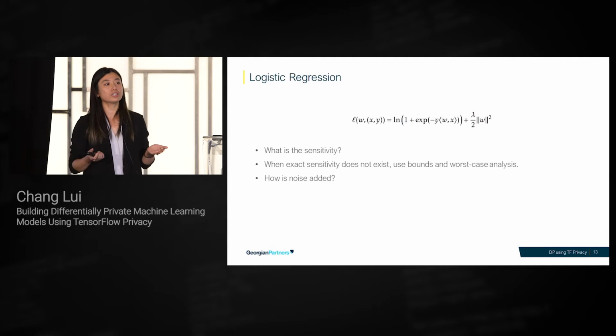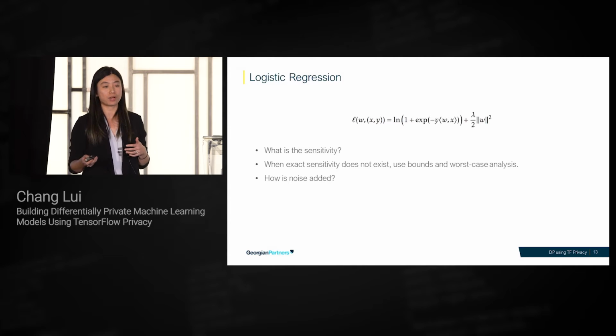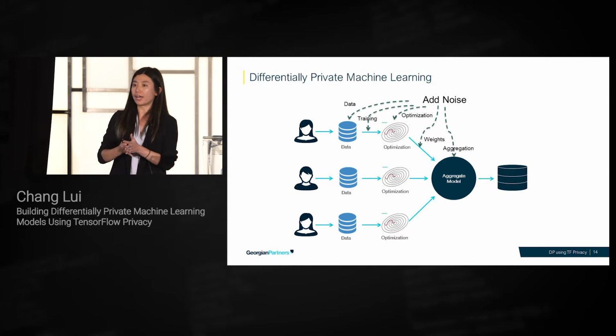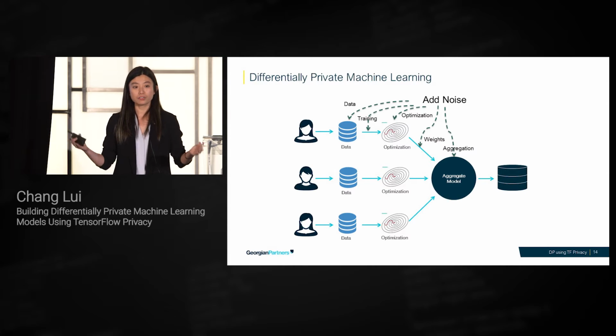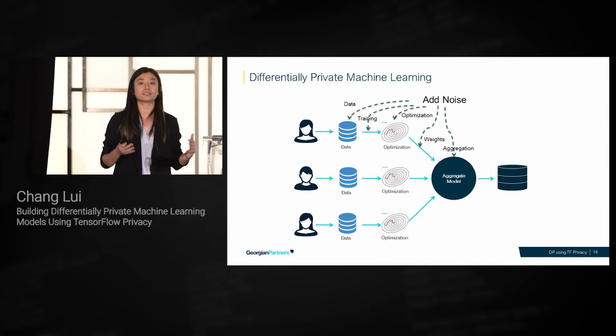Then during a machine learning pipeline, how do we add the noise? How do we really achieve differential privacy? Well, because machine learning has multiple steps, differential privacy can be achieved in multiple steps. The noise can be added at multiple steps.